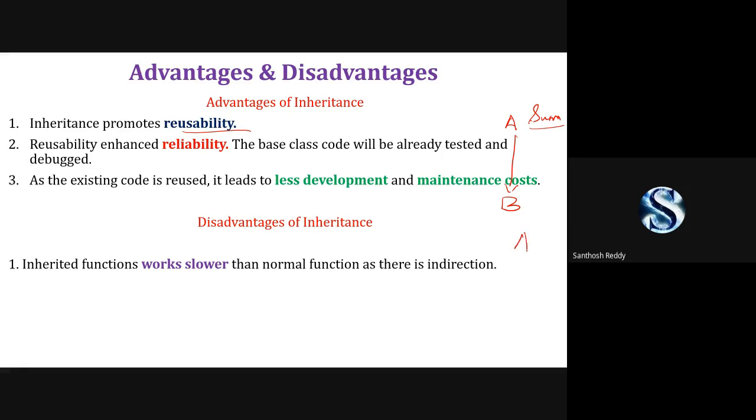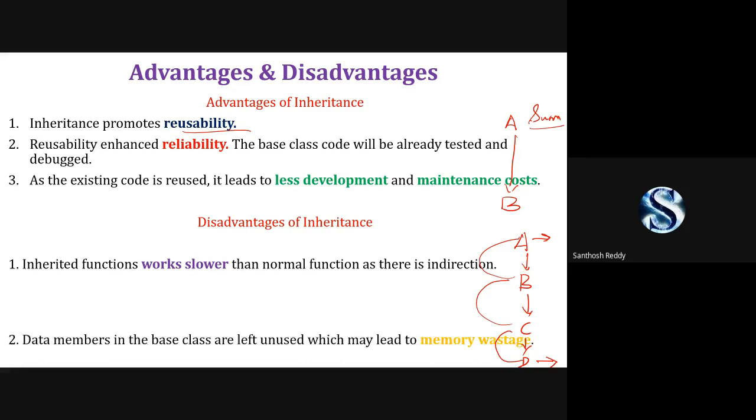For example, we have A, B extends A, C extends B, D extends C. When I create an object of class D and call a method which is present in class A, it has to search in class C, then class B, then class A, and only then does the code get executed. Until this process finishes, the work will be very slow. This is one disadvantage.